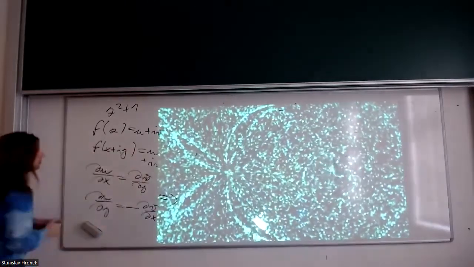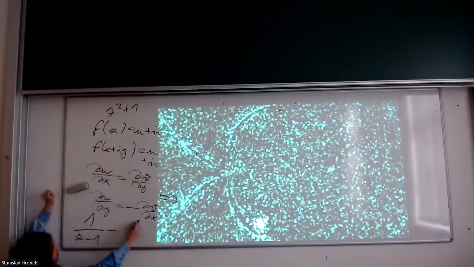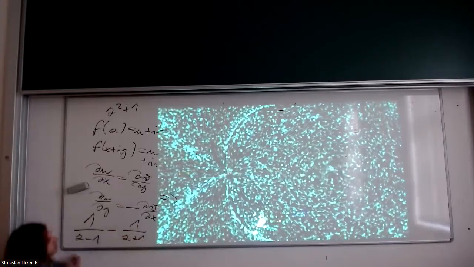So this is the function 1 over z minus 1 minus 1 over z plus 1.